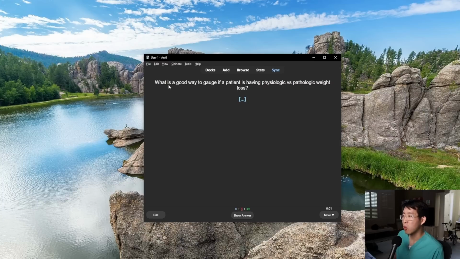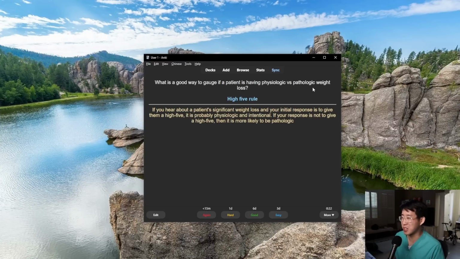What is a good way to gauge if a patient is having physiologic versus pathologic weight loss? This was a kind of funny one that I was just listening to this morning, actually. But basically, this patient came in and they had like 100 pounds of weight loss. And at the same time, they were having a lot of shortness of breath and other respiratory symptoms. And basically, Robbie calls it the high 5 rule.